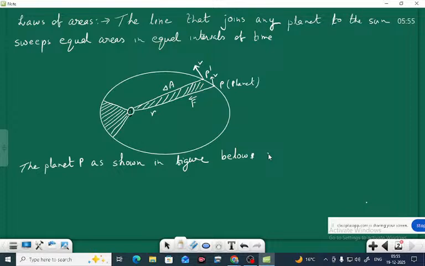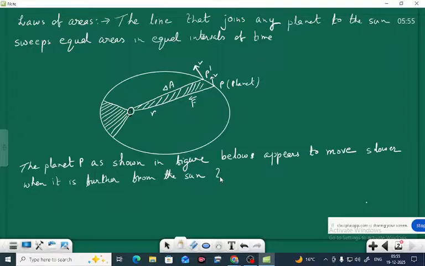appears to move slower when it is further from the Sun than when it is nearer.